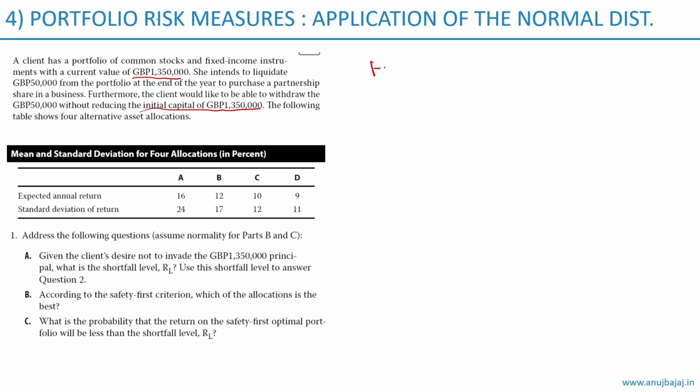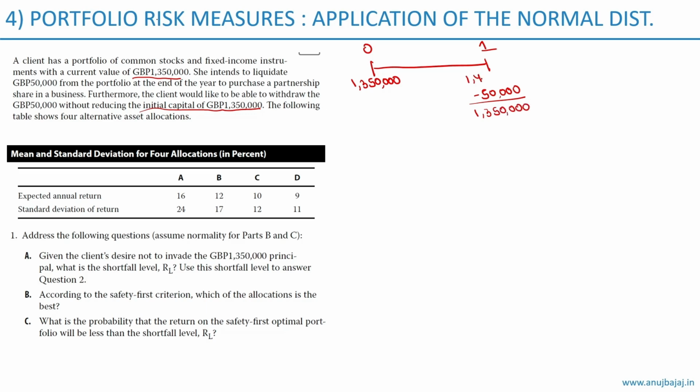So this is what the client requires: initially she invested 1.35 million pounds, and at the end of 1 year the portfolio value should be such that if she withdraws 50,000 pounds from it, the value should still remain 1.35 million pounds.